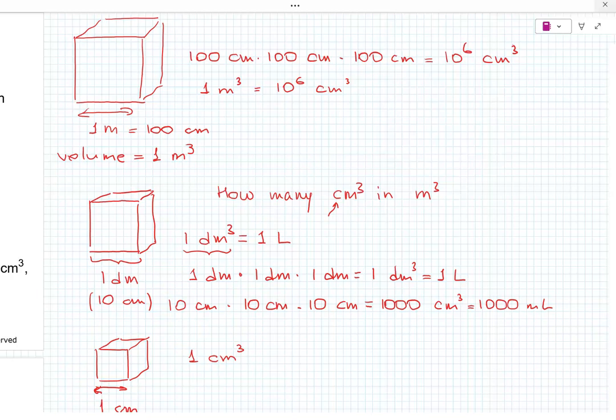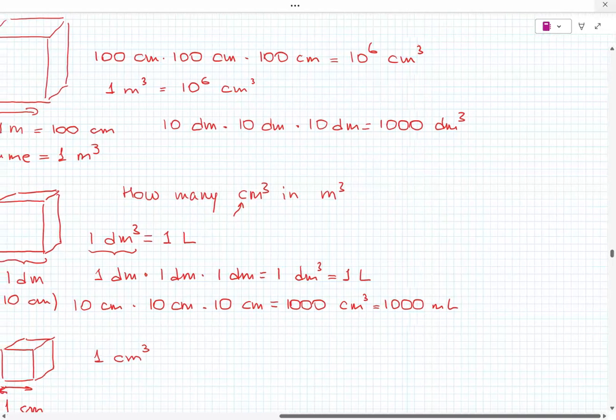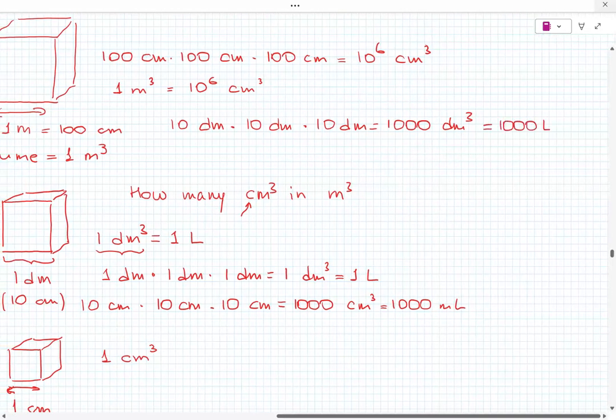Now, to finish it up, let's establish the relationships between liters and cubic meters. So, how many, that's not really a challenging question, just checking if you're paying attention. How many decimeters in 1 meter? 10. Before we move on, you all following? So we can write down that 10 decimeters multiplied by 10 decimeters multiplied by 10 decimeters will be 1,000 decimeters cubed, or 1,000 liters.